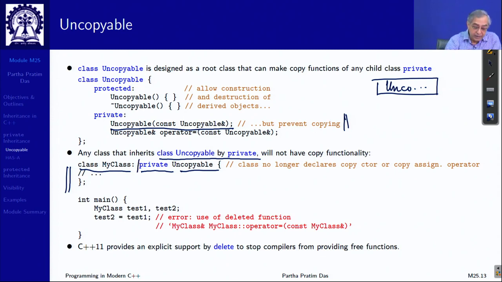And this is one situation where the private inheritance is important. It has a good use, because it is not a case of public inheritance. My class is not a generalization or specialization of uncopyable.